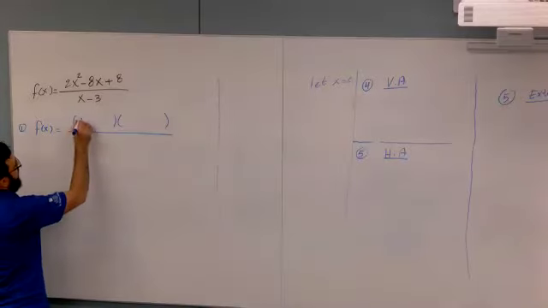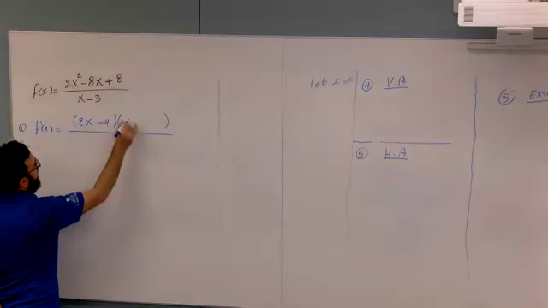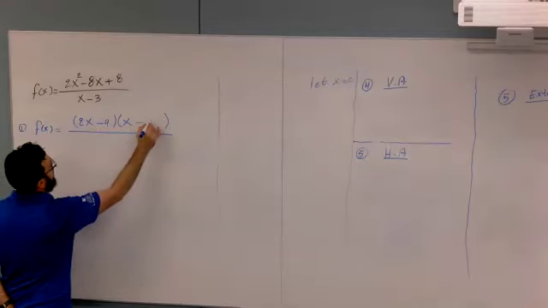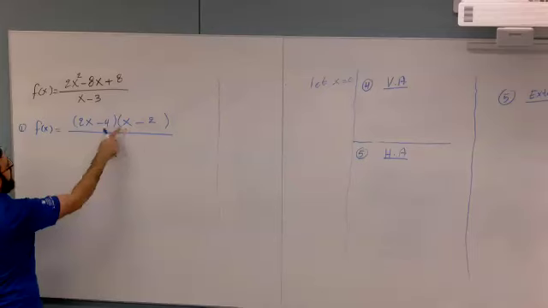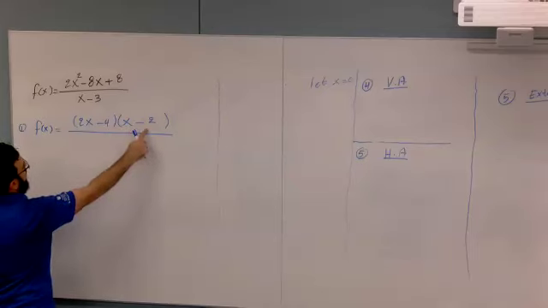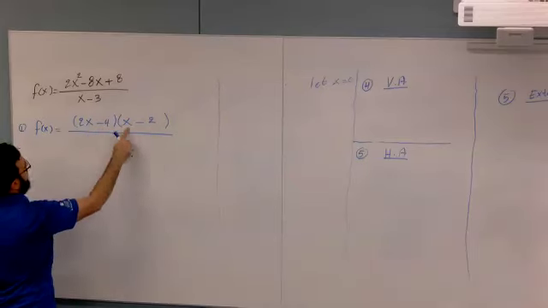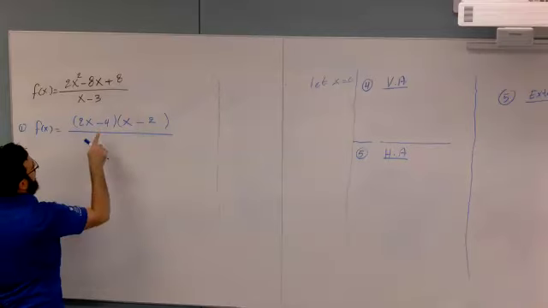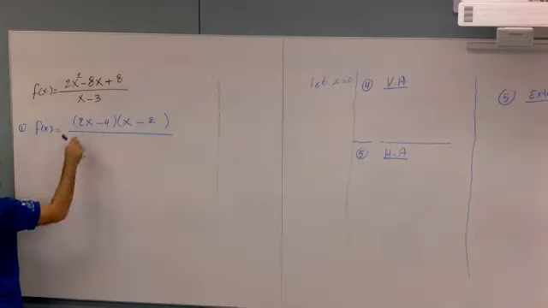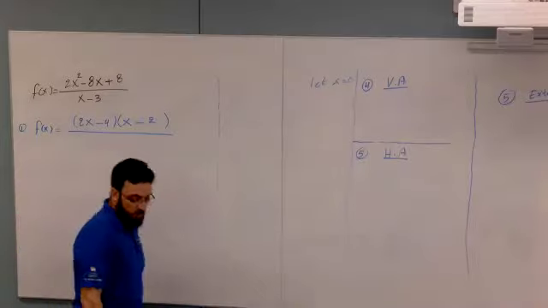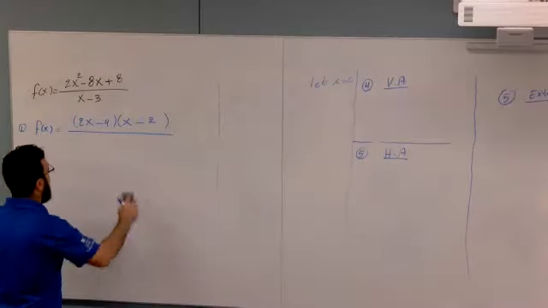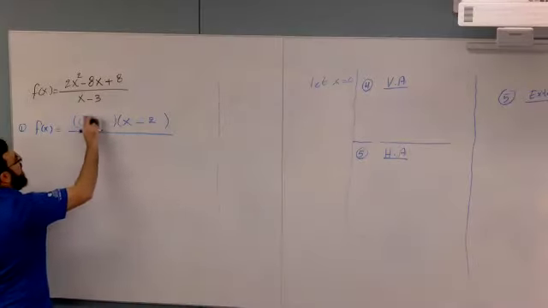Okay, let's go with this. 2x minus 4 and minus 2. 4. That's right. But if you look at this part, you can factor it more, right? That's right.